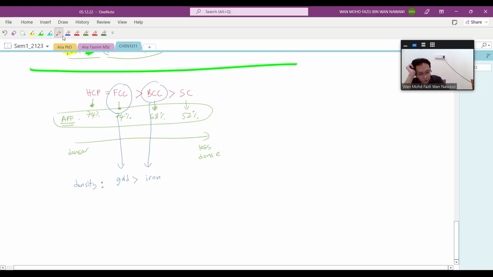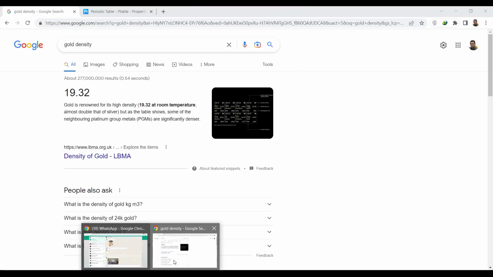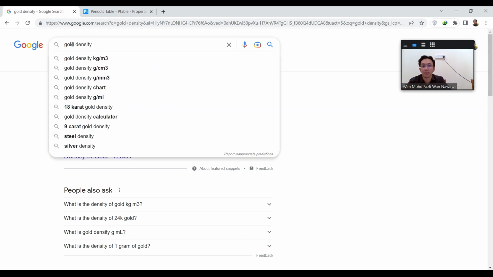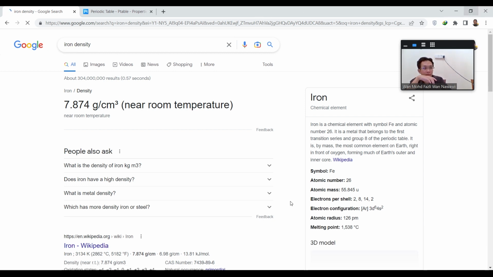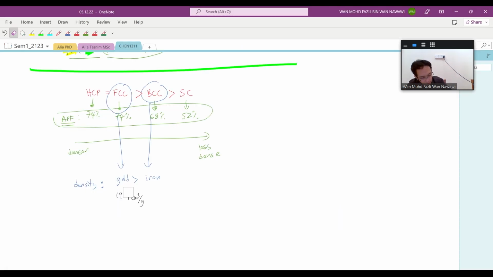So the density of gold is about 19.3, and for iron, the density is 7.8, in grams per cm3.